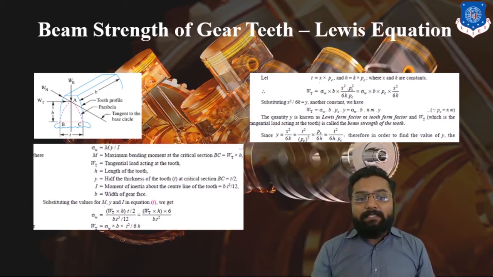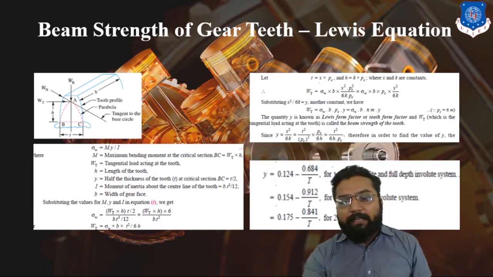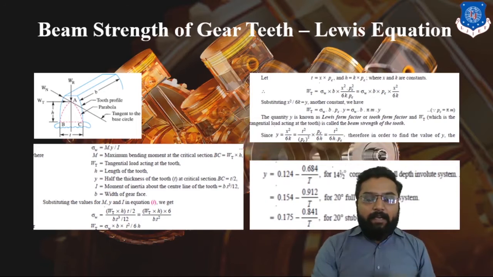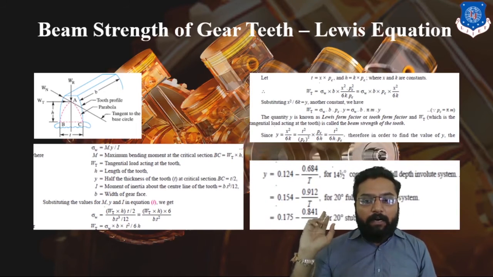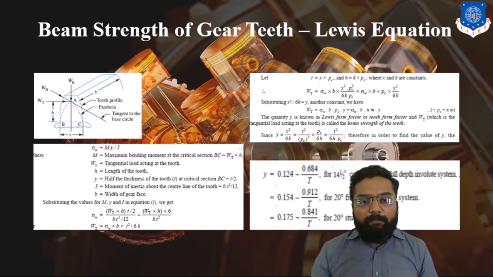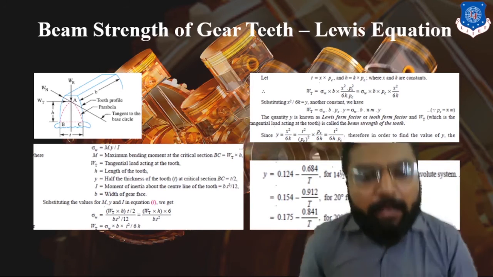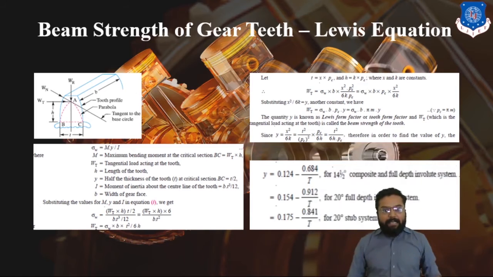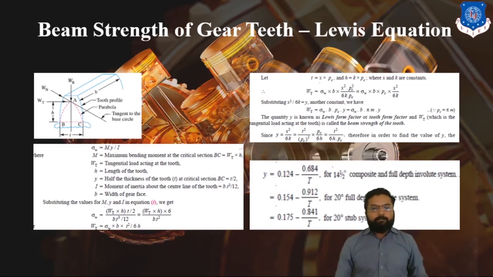So this y is our tooth form factor, which depends on the module and teeth of our gear. Here you can see different values for different gears and different criteria, such as different angles for our gear, and y for them.